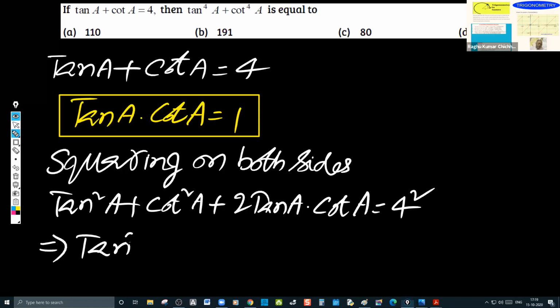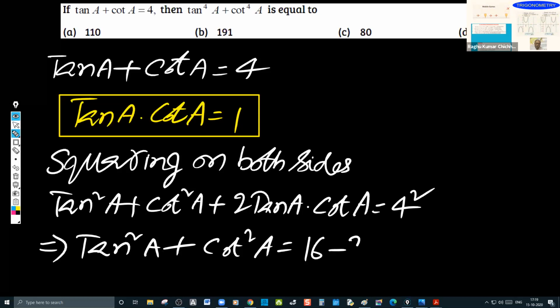So what will you get? Cot square A plus tan square A is equal to 16 minus 2 into 1 is equal to 14.